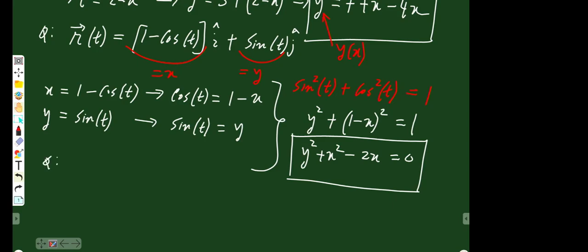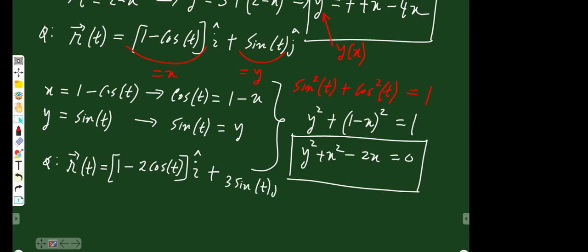Now next question. r of t is equal to (1 minus 2 cos t) i plus 3 sin t j.